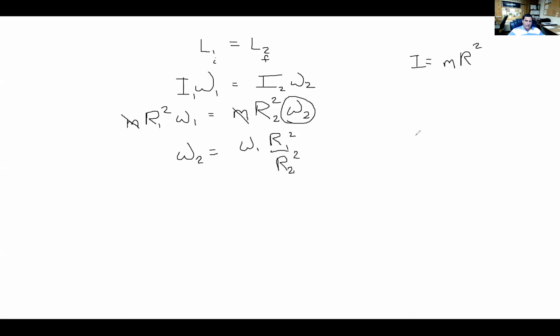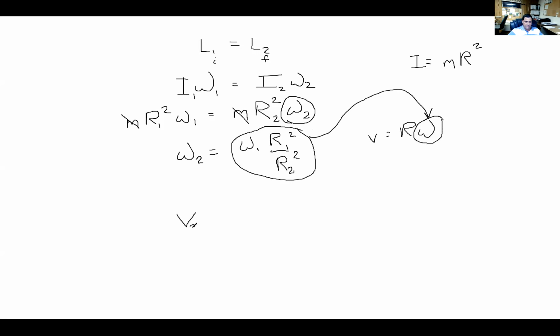Okay, and what's going to help us here a little bit is our linear velocity is going to be equal to R times angular velocity. So if we want to know this, I can take this value here and substitute this in.